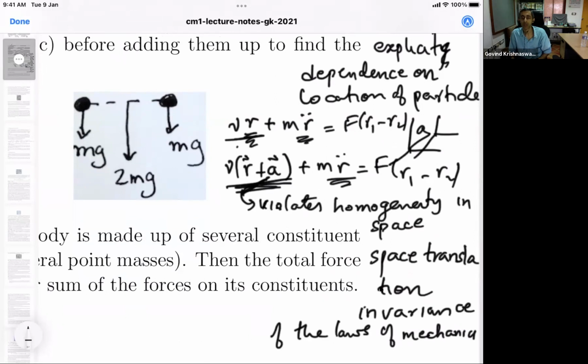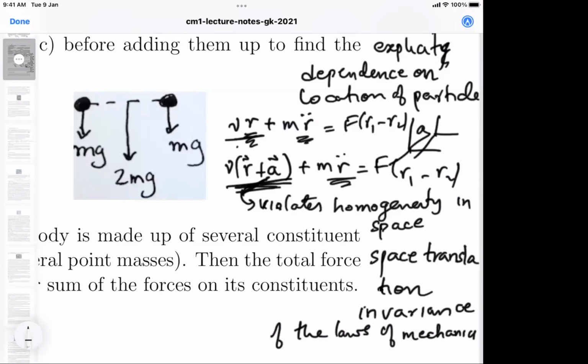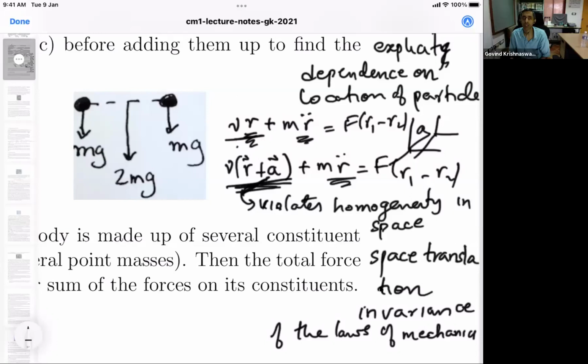The laws of mechanics must respect invariance under space translations. They must respect invariance under time translations. They must respect invariance under transformation to frames moving at uniform speed relative to each other. So these are the requirements based on our observations of how nature behaves.